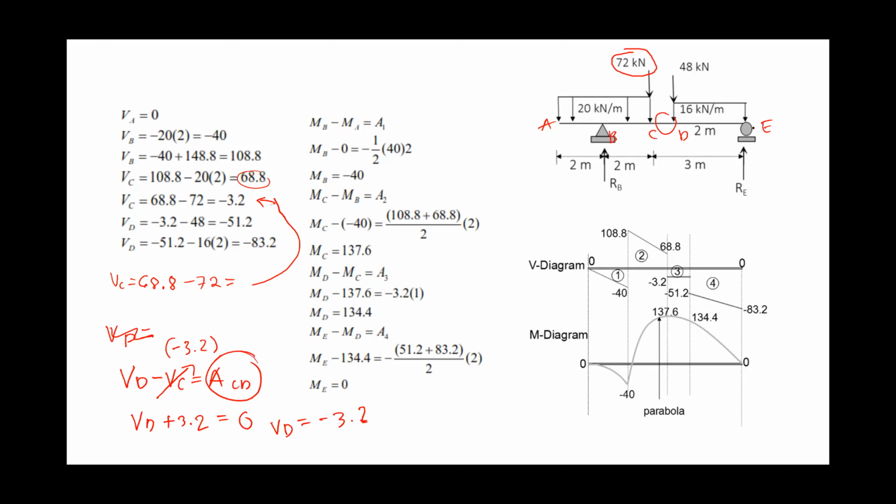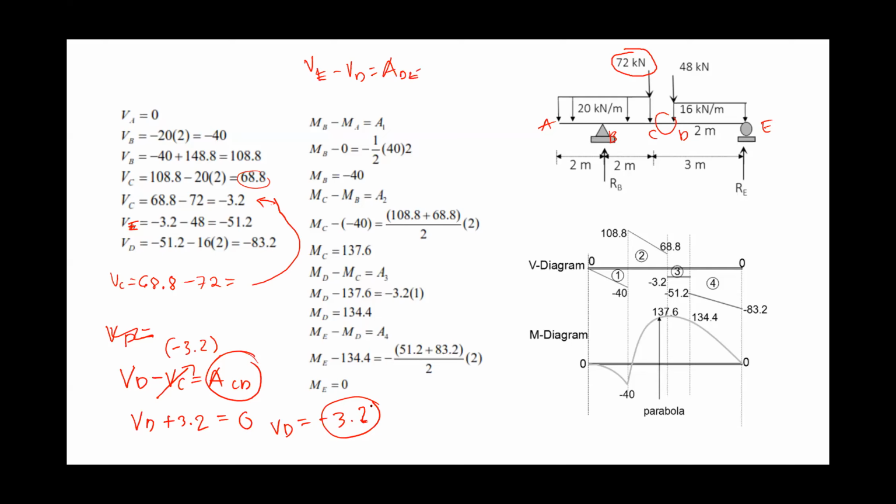Tapos, pagdating mo sa E, so hindi to E, dapat to. This is E. Ang VD natin is the same, negative 3.2. Tapos, VE minus VD is equal to area DE.